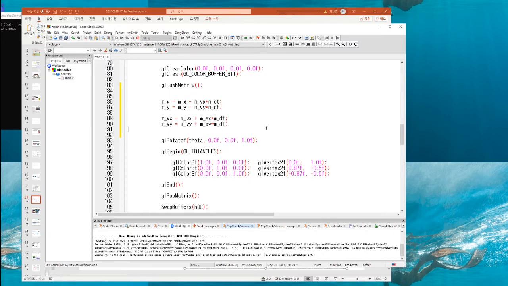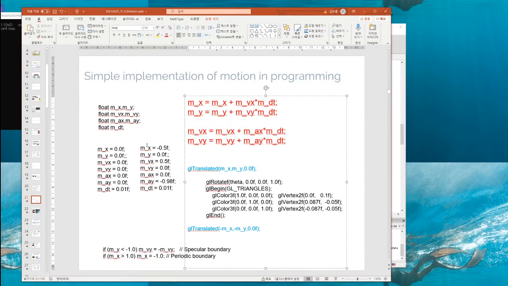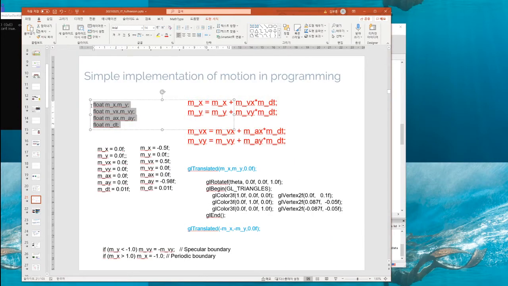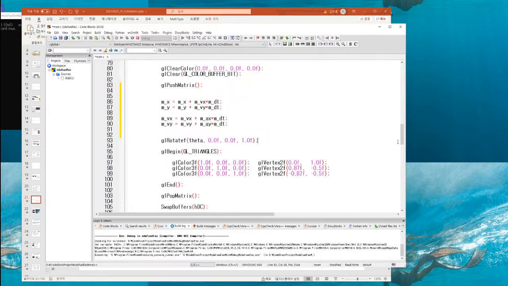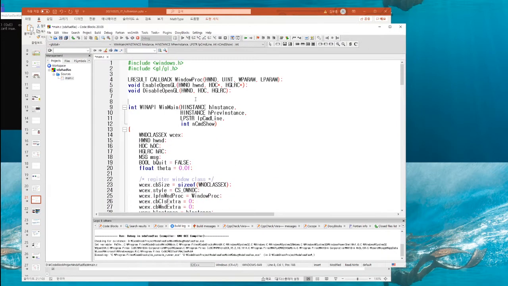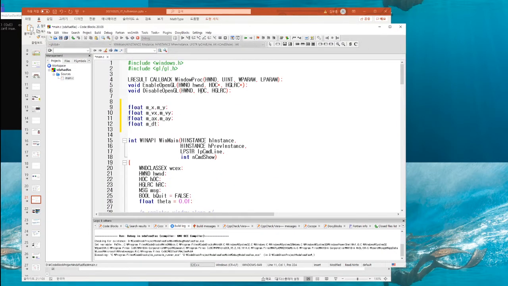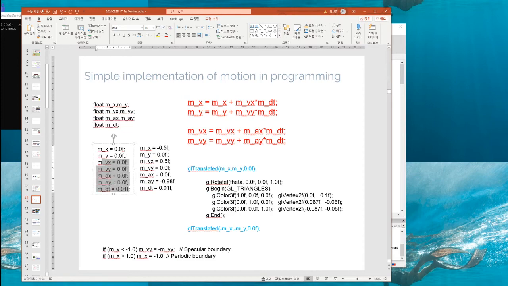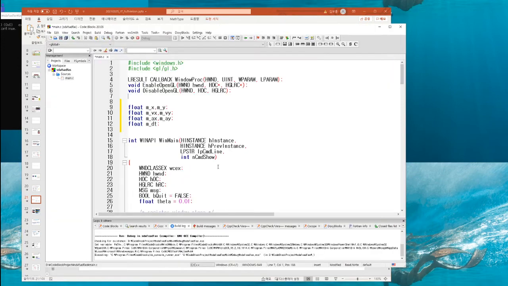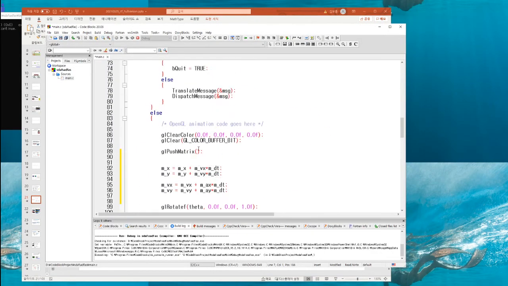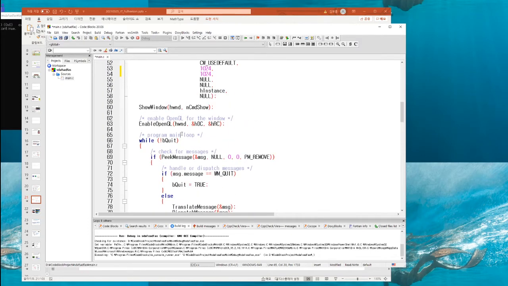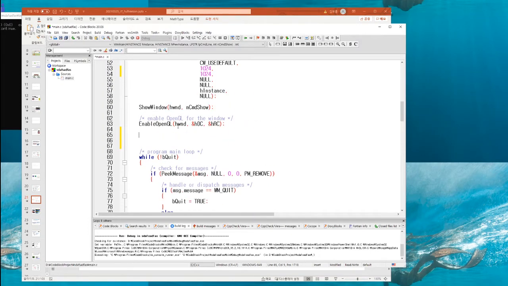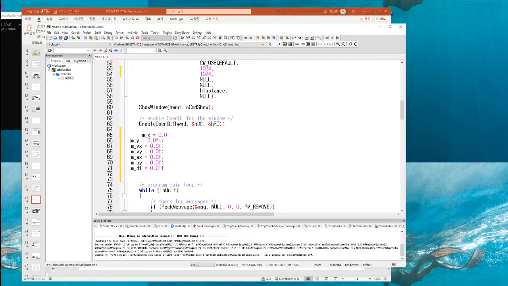Okay, so in order to do that, I need to declare them in the preprocessor. So I make them global variables: mx, my, position, velocity, acceleration, and time step are there. And I need to initialize them. So here, before the loops, I initialize them.